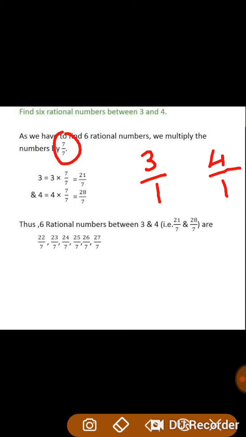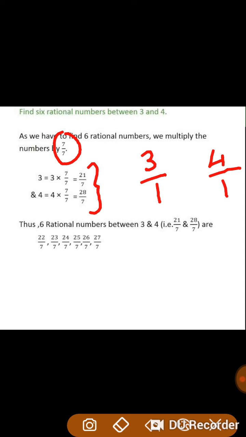So 3 when multiplied by 7 by 7 will make it 21 by 7 and 4 when multiplied by 7 by 7 will make it 28 by 7. Now these two rational numbers are equivalent to 3 and 4 respectively.